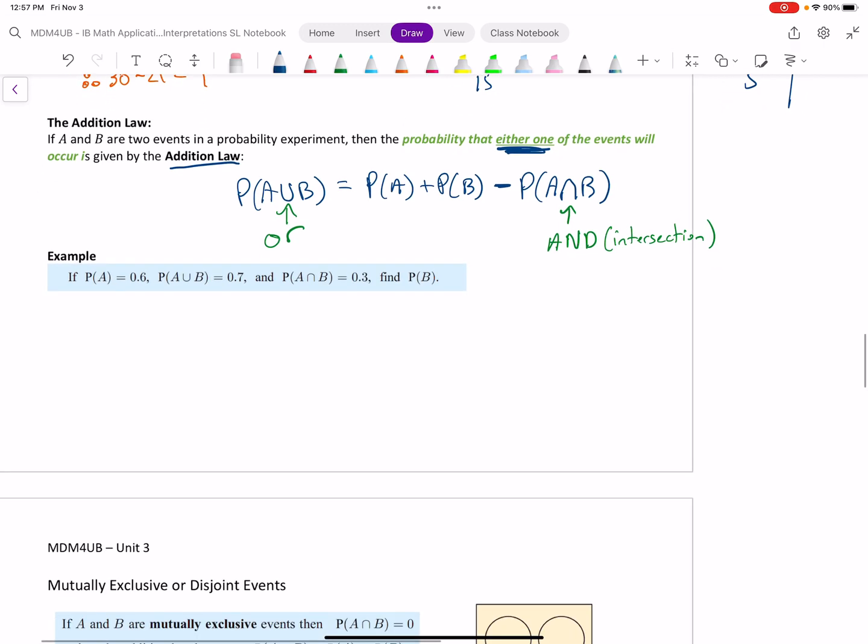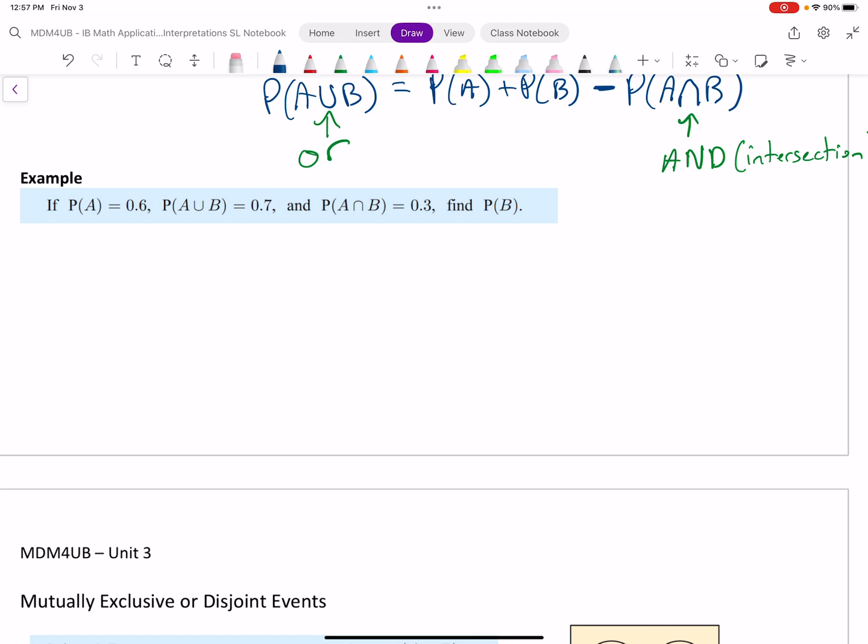So let's say we have some abstract situation. There's no A represents this or B represents that, and it just says if the probability of A is 0.6, probability of A union B is 0.7, and the intersection is 0.3, find the probability of B. We could just take this formula, which you are given on the IB exam. I'd set up the formula, and just sub in and rearrange.